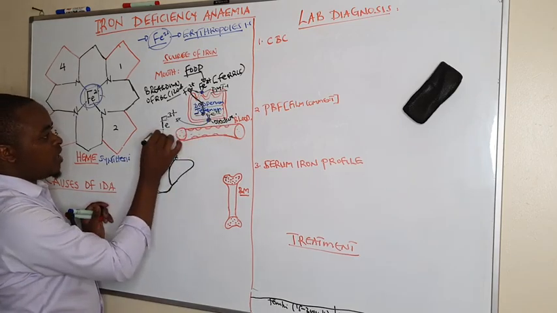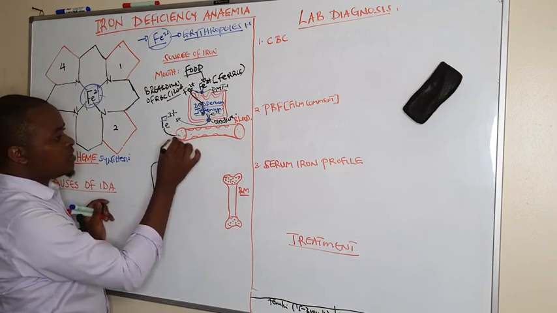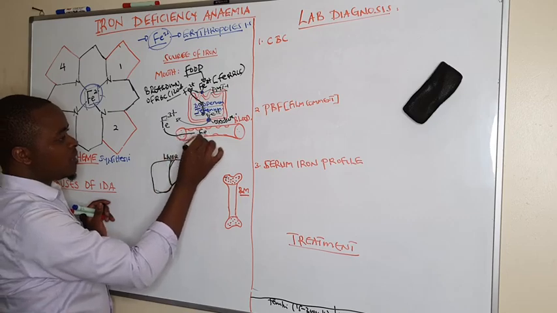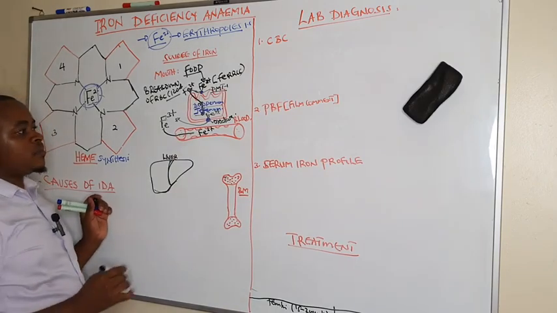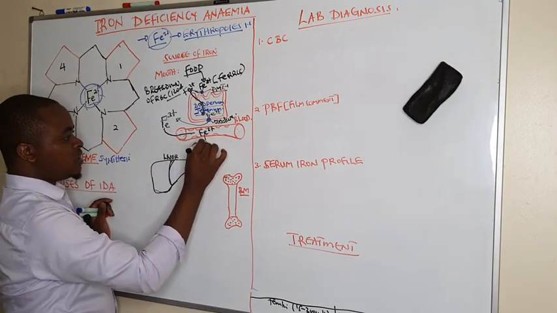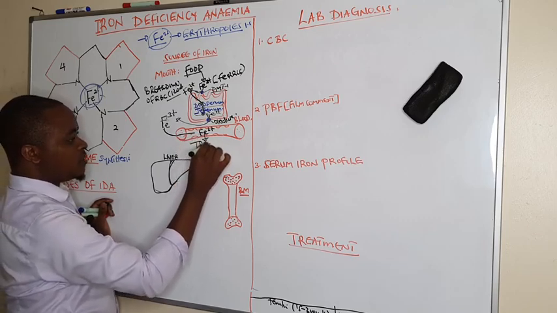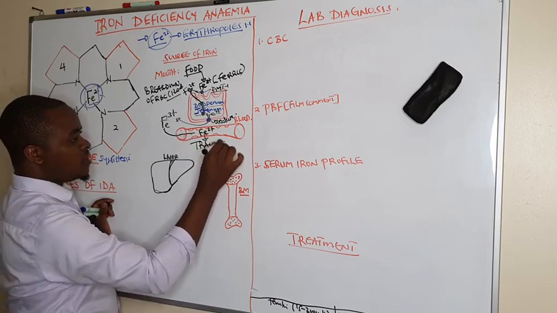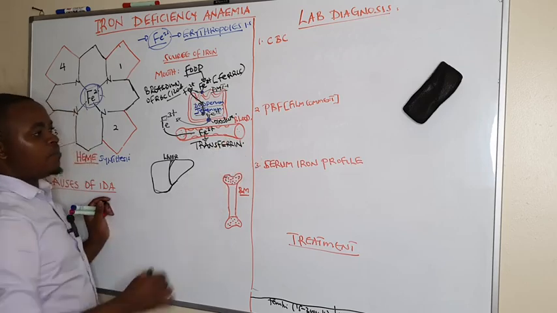After iron 2 is converted to iron 3, this iron 3 moves into the blood. In the plasma, iron is still in the ferric state, and it is transported bound to transferrin. Transferrin has receptors where iron binds.